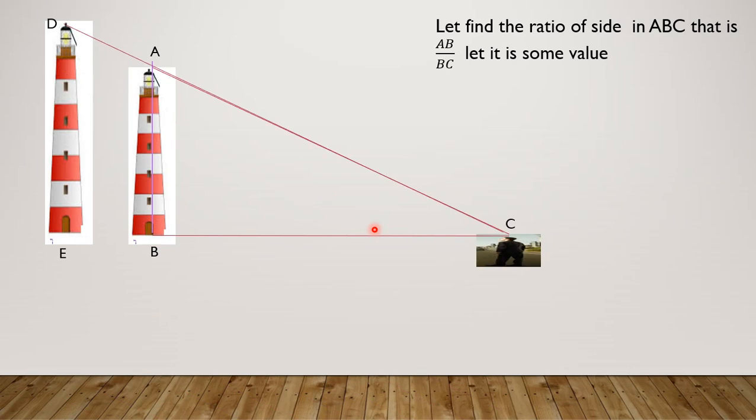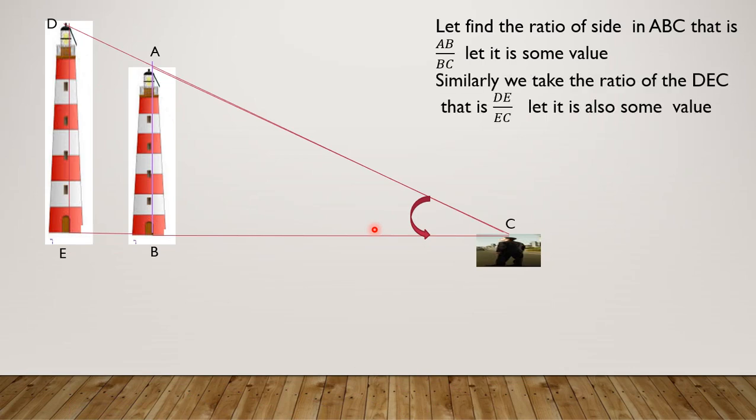DE is the height of the second tower, and the same observer at point C observes the top of the tower, that is the line segment CD, and the distance between the tower and the observer is EC. In both triangles ABC and DEC, from the same point, that is the same angle, we are observing the tops of two different towers behind one another.